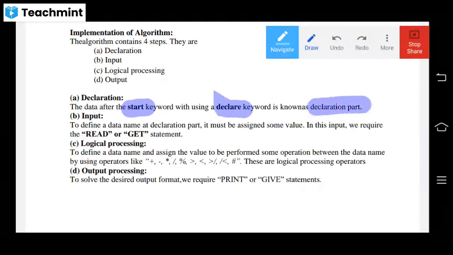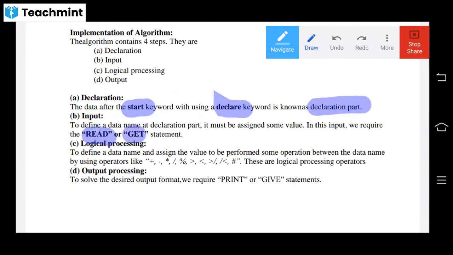Next, we go through the input. In this input, to define a data name at the declaration part, it must be assigned some value. In this input, we require two statements, the read and get statements.